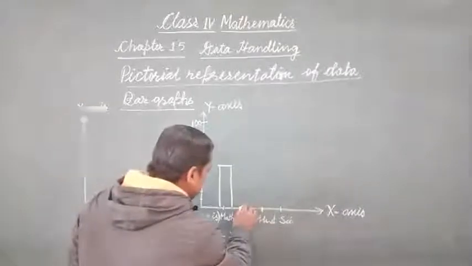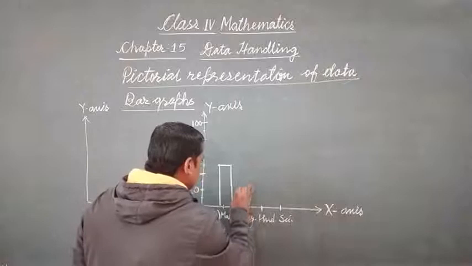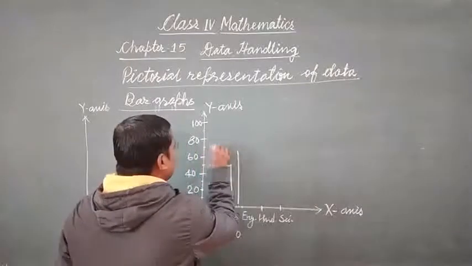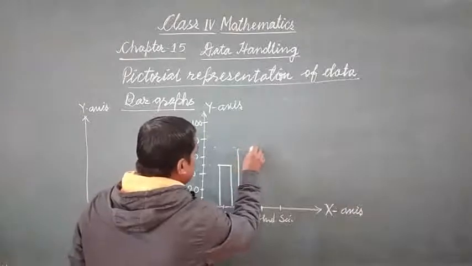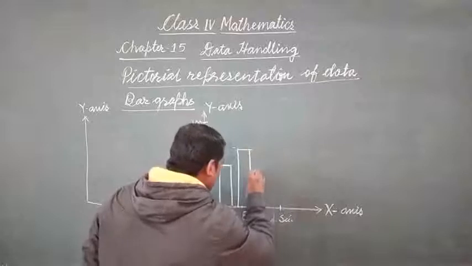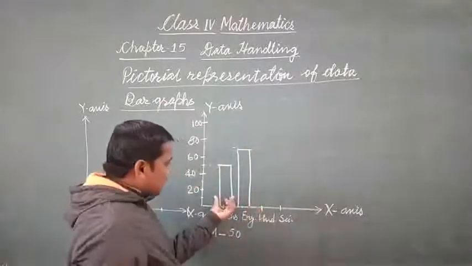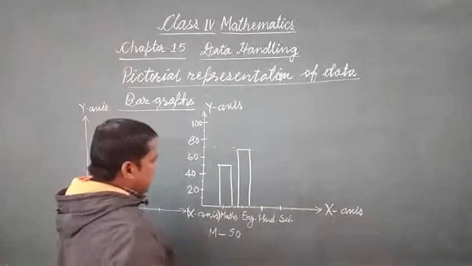Now in English, suppose 70 students passed, then the width of the bar should be the same, and the gap between bars also should be the same.